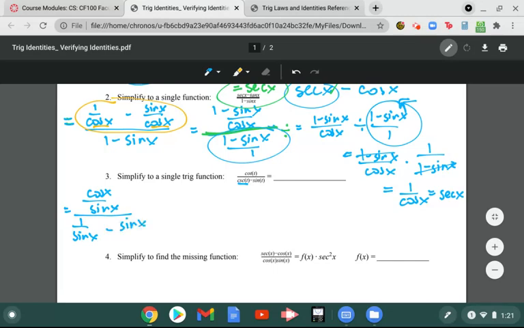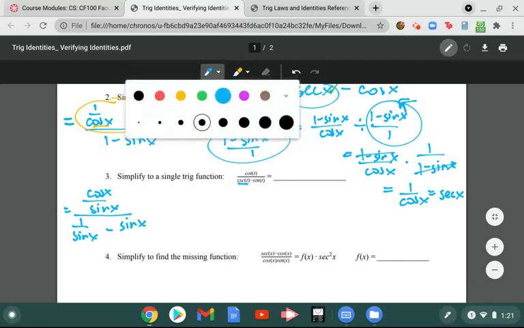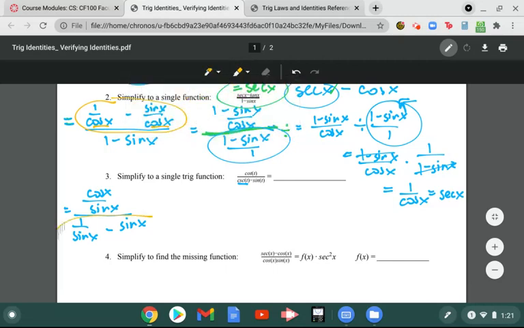That's okay. I do want to go ahead and get a common denominator. So I'm going to work in the denominator. I've got this complex fraction, and I'm going to build a common denominator, which is just, my LCD is sine x. So the first fraction in the denominator has sine x as a denominator, but the second one doesn't.